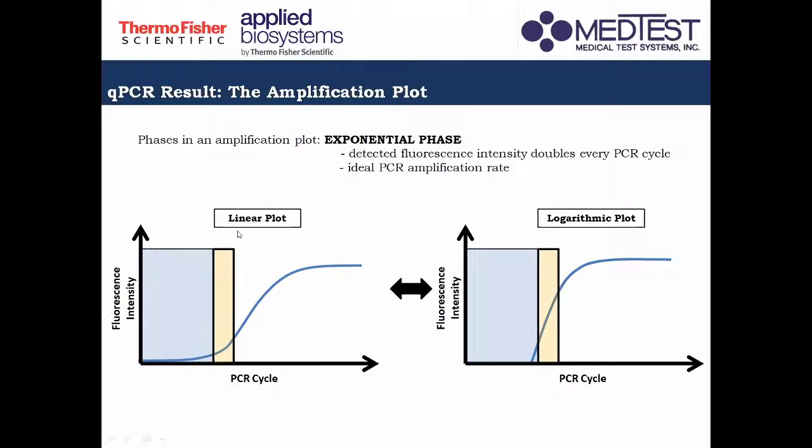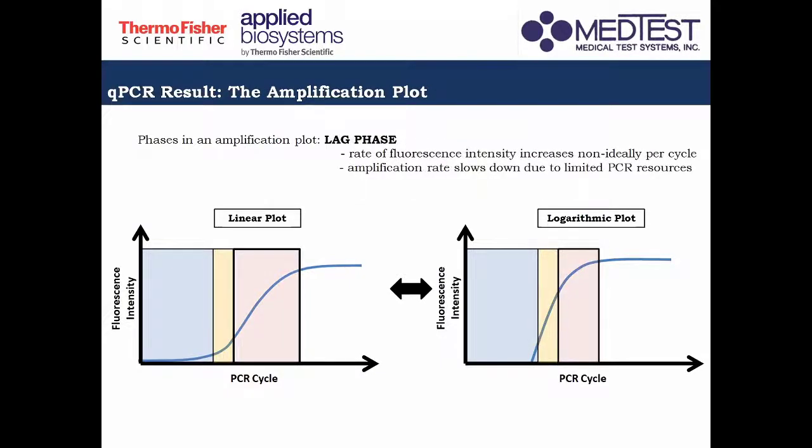So if you look at the exponential phase in the linear plot, it depicts as an exponential rate, no? But in the logarithmic plot, it will be depicted as a linear. So later malalaman natin kung ano yung advantage nito, anong benefit nito. Now, after the exponential phase, the PCR would proceed with the lag phase.